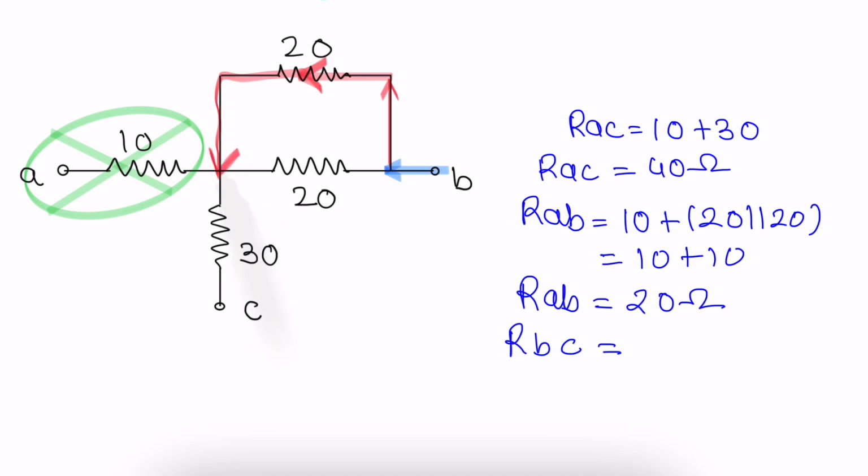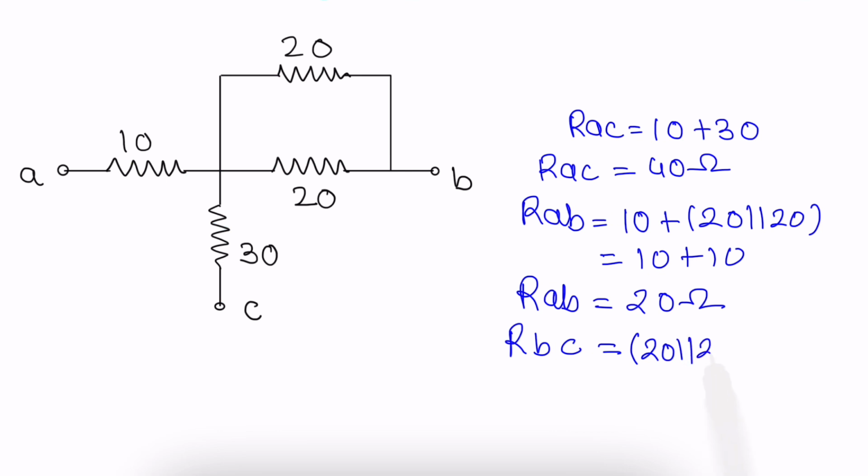One current through this 20 ohm component, another current through this 20 ohm component, and over here once again the current will return to point C, and between B and C, whatever is the battery, that current will be. So we can see RBC is 20 parallel 20 plus 30. RBC equals 40 ohms.